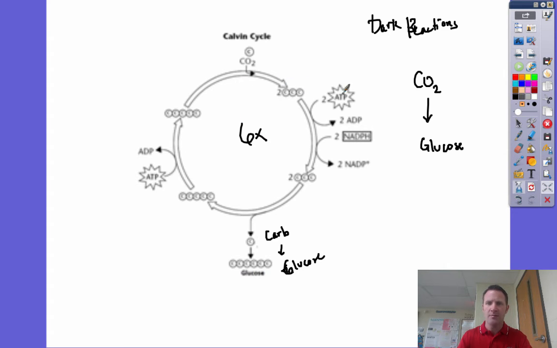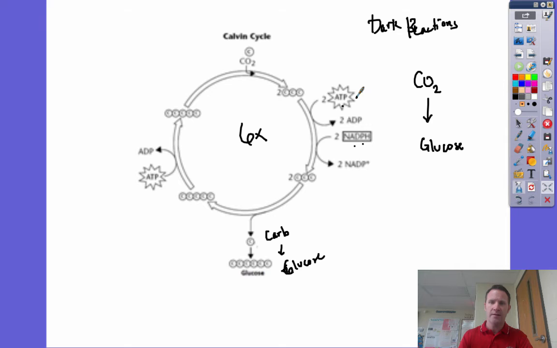Each time we spin around, we're going to make one carb. Remember, glucose is 6 carbons. We're going to use lots of energy to run this thing, so that ATP and that NADPH that we just made are going to be used to power this. So that's why the cell had to convert light into cell energy so that it could run this wheel.